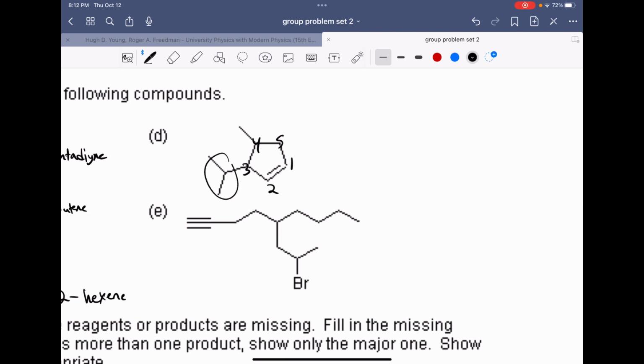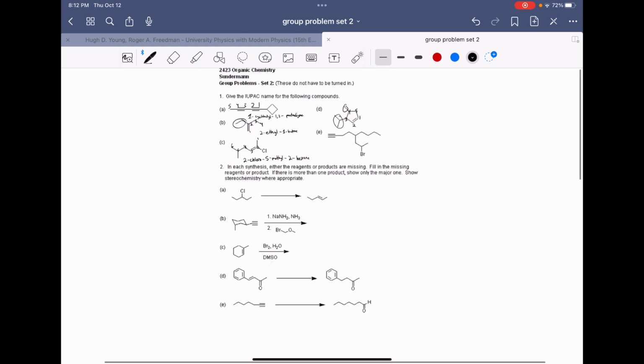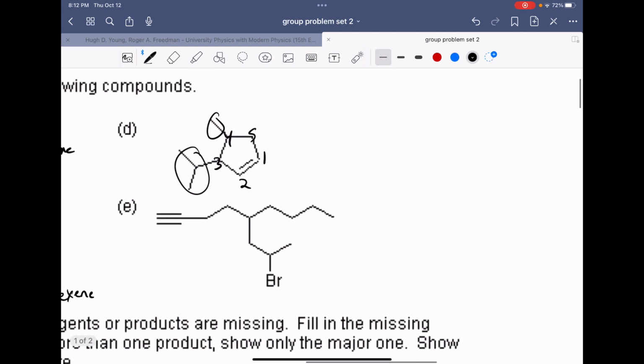So this group is an isopropyl group, and then this one is just a methyl. Isopropyl is before in the alphabet. So the name is going to be 3-isopropyl, 4-methyl, what is this?